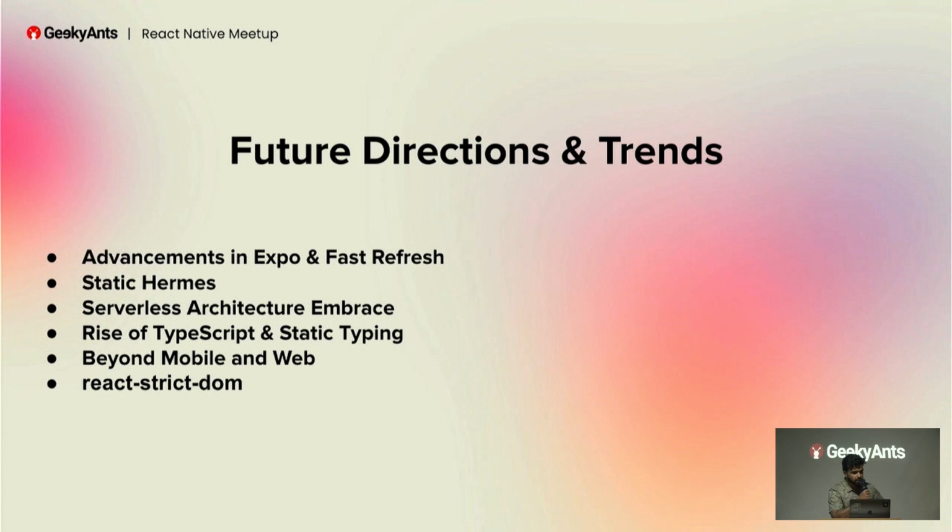Apart from that, we have static Hermes coming in. Hermes brings a lot of capabilities for us to boot up the React Native mobile application faster, and it has brought a lot of performance improvements as well. But with static Hermes, we'll also be able to improve the performance of React Native applications more.